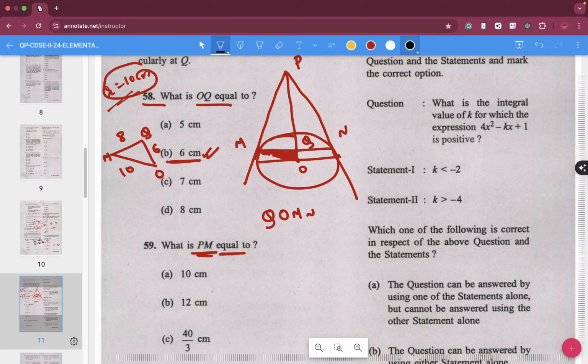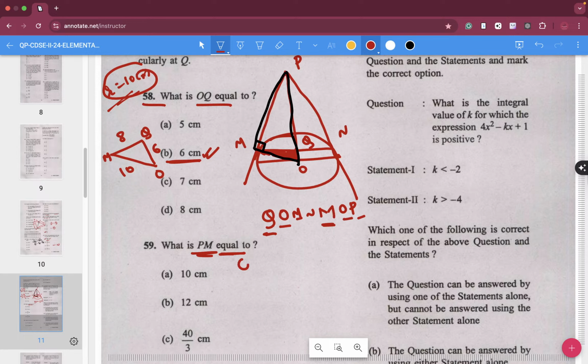Look at this particular one, POM, it is 90 degree at M, is similar to MOP. How exactly you write the similarity is also very important. At Q, the smaller triangle is having 90 degree. At M, the bigger triangle is having 90 degree. O is common, and P is the other side.